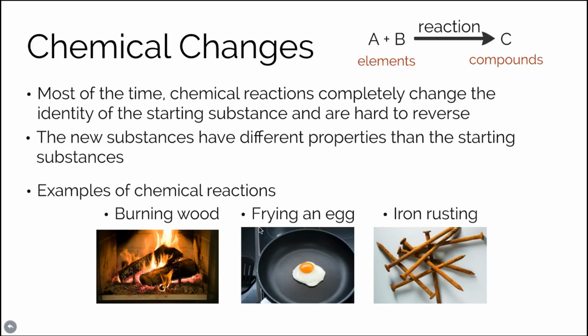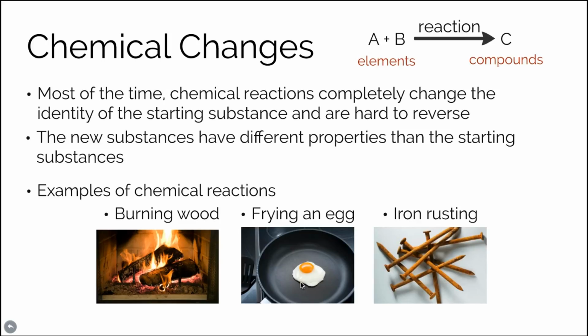For a lot of these cases, it's very hard to go back from your end product to what you started with. With burning wood, it burns into smoke, it releases heat, and it turns into ash. You can't take that ash and that smoke and put it back into a log of wood. Same thing for frying an egg and cooking any type of food.